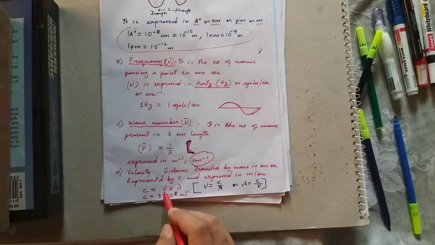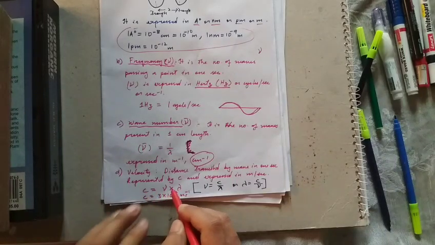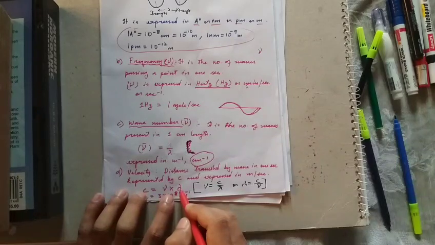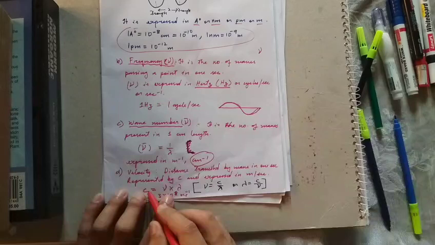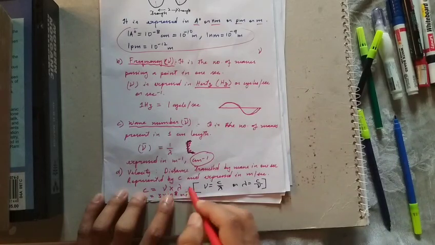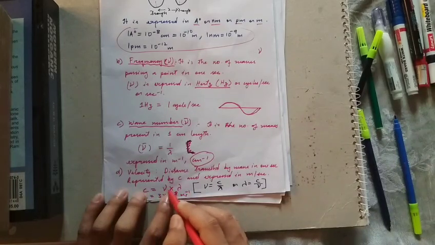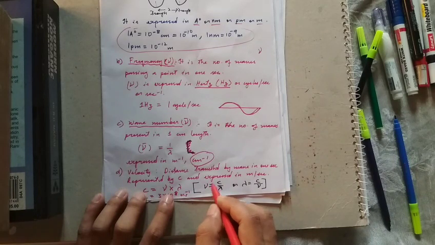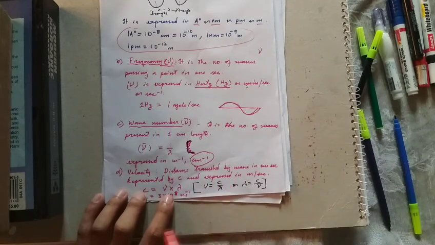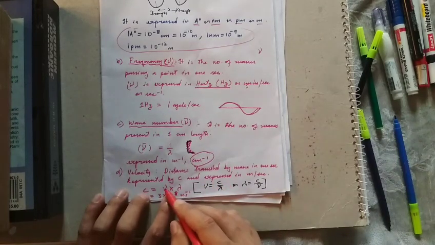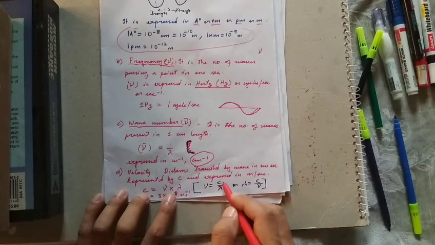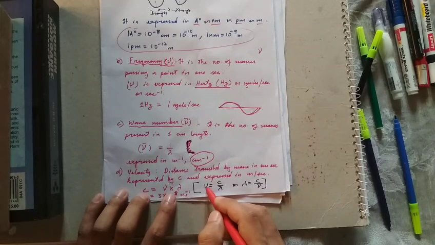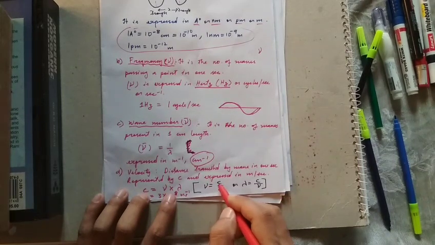So c is equal to frequency into wavelength, lambda. From this relation we can derive another relationship. Lambda is equal to c by frequency, and frequency is equal to c by lambda.